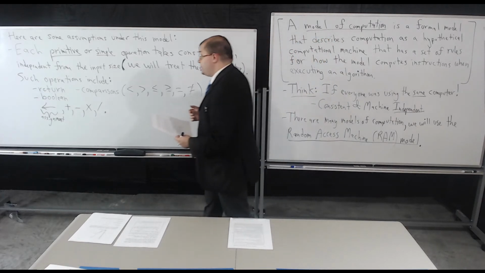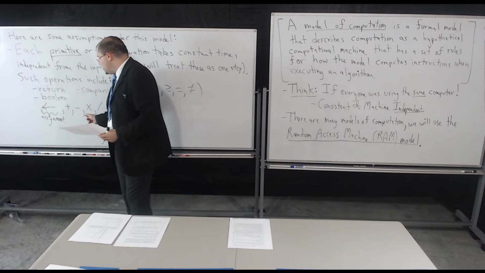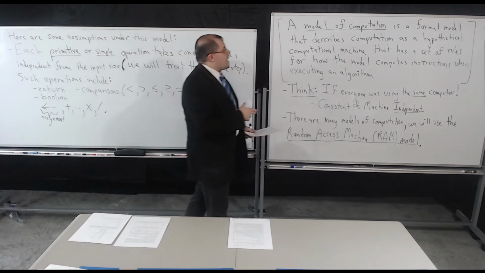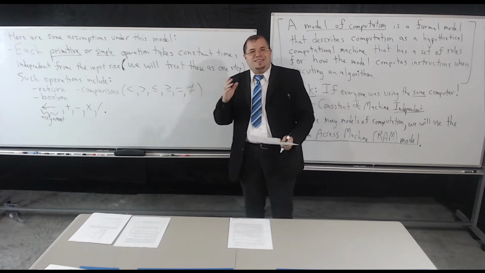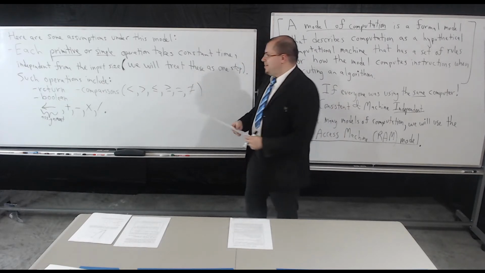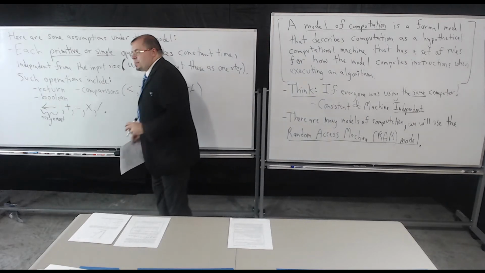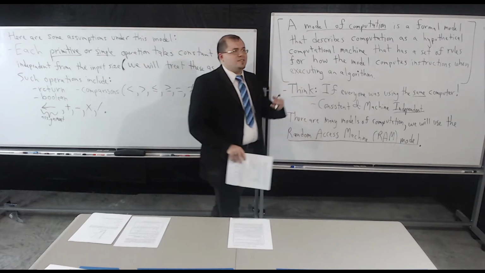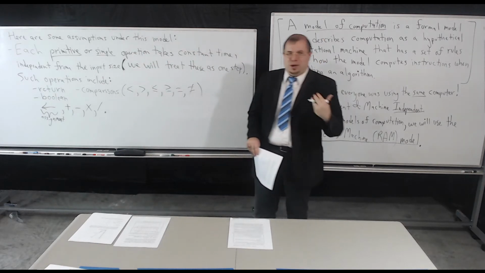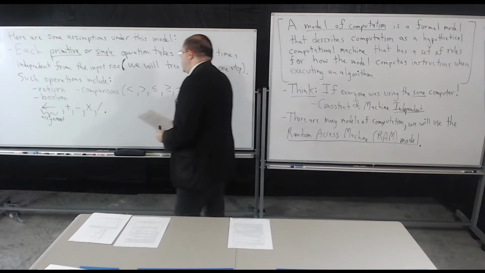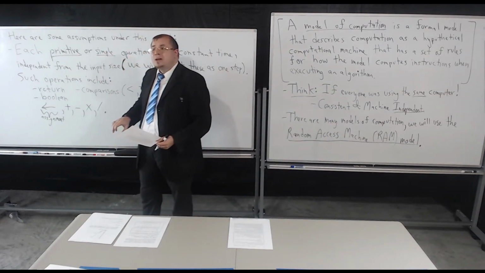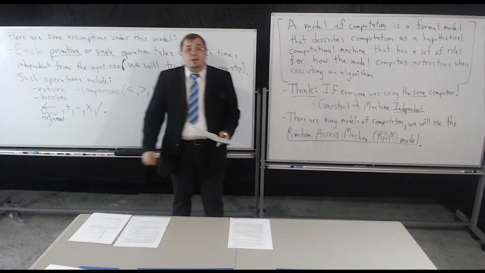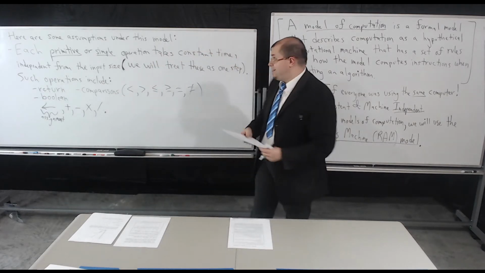I don't have to make that assumption. There are more particular versions of the RAM model where multiplication is not a simple operation. This does pop up sometimes in analysis where multiplications matter a lot. You might be more fine-grained and say this isn't a simple operation. But for the sake of our analyses, we're going to assume they're simple. They just take constant time.